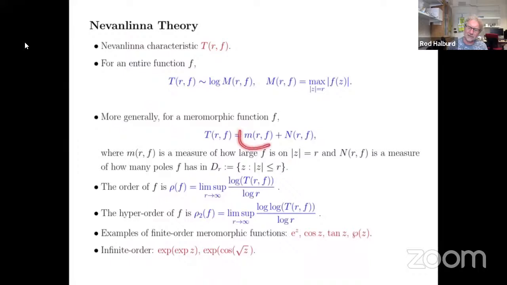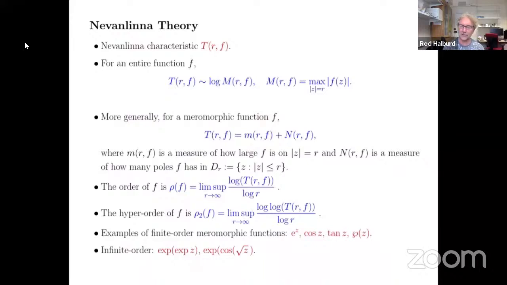But we have a term that plays the role of this thing. This is called the proximity function, and this measures, in a sense, how close f gets to infinity, or how big it is on a circle.